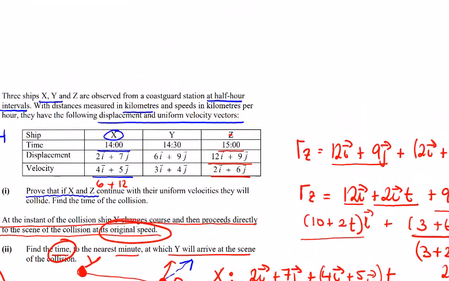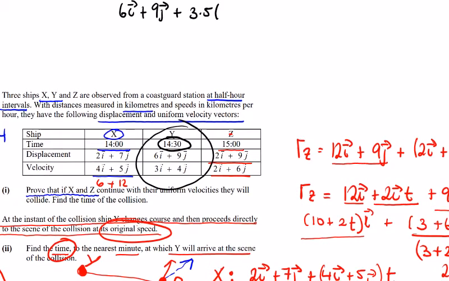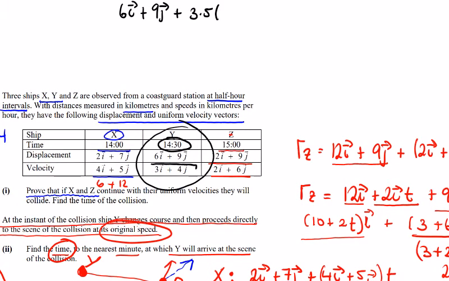So at 6 p.m., where is Y? It started off at 6i plus 9j. And then 2:30 till 6 o'clock is 3.5 hours. So 3.5 is t and the velocity is 3i plus 4j.